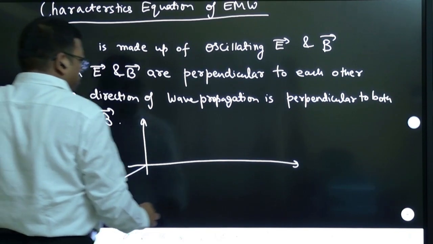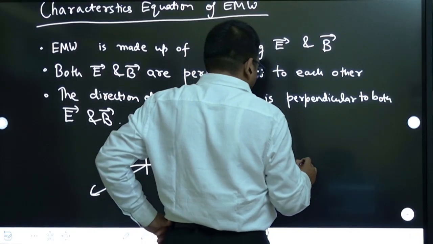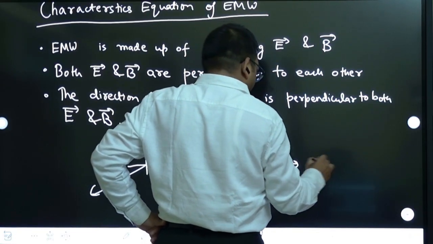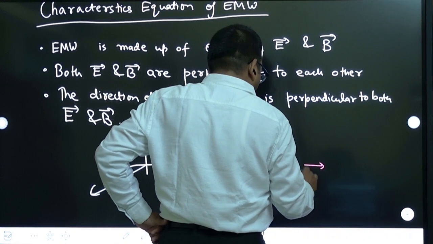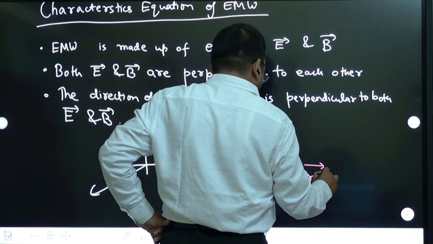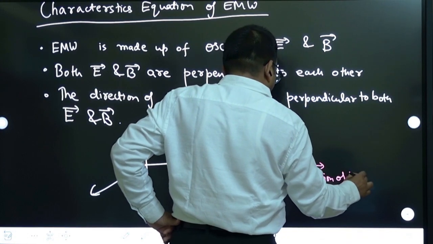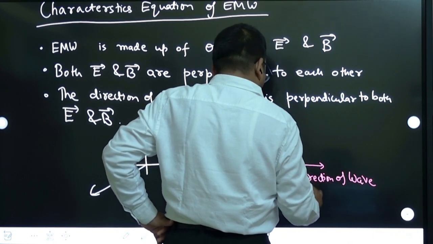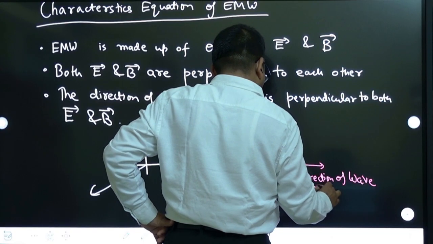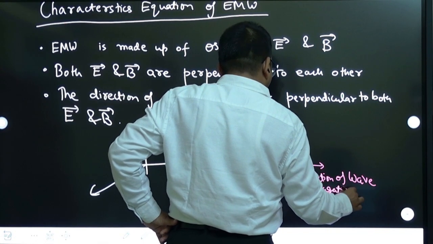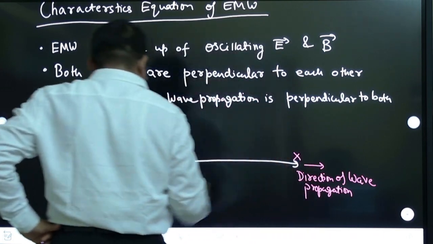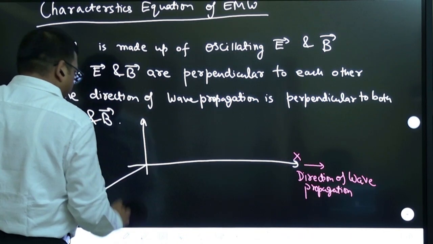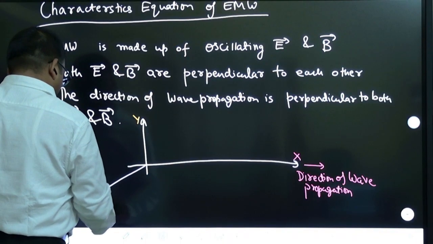Let us consider this direction of wave propagation. The wave is propagating along the x-axis. This is the x-axis, this is the y-axis, and this is the z-axis.